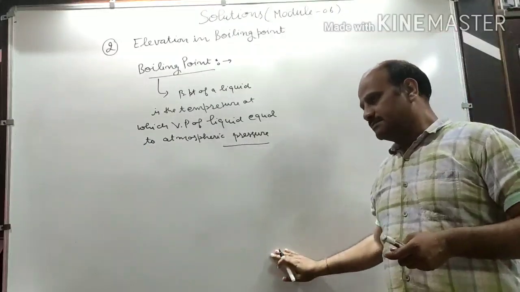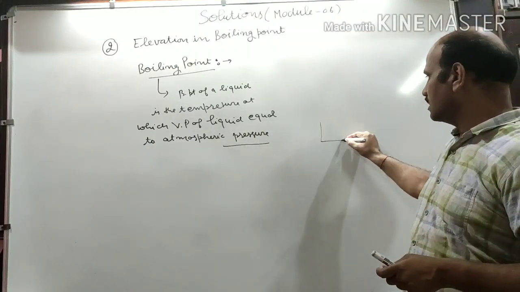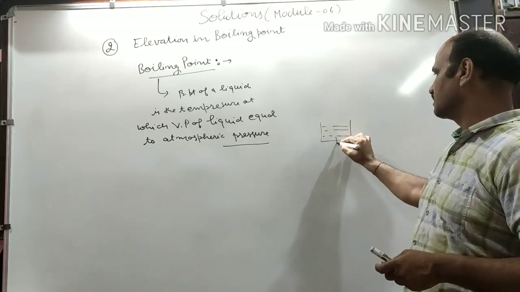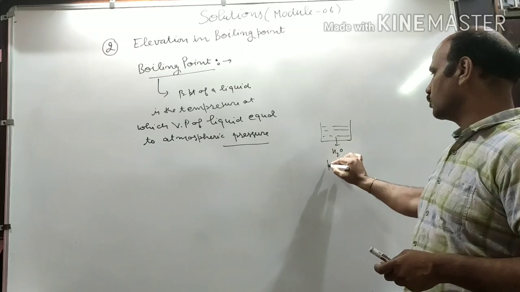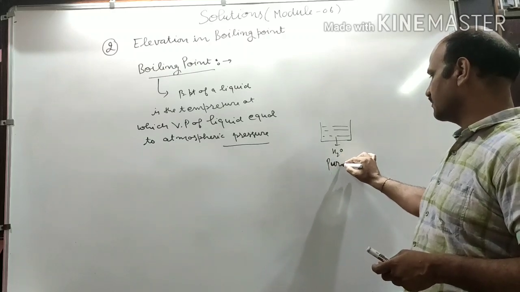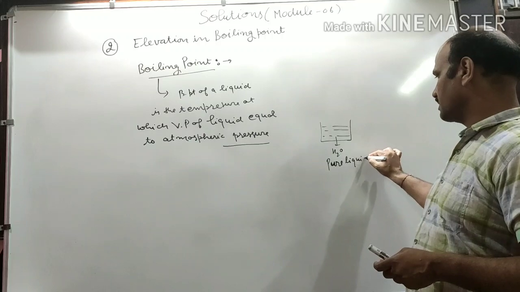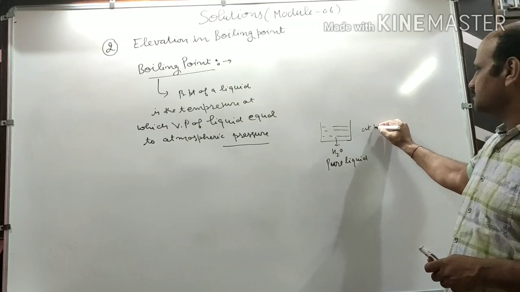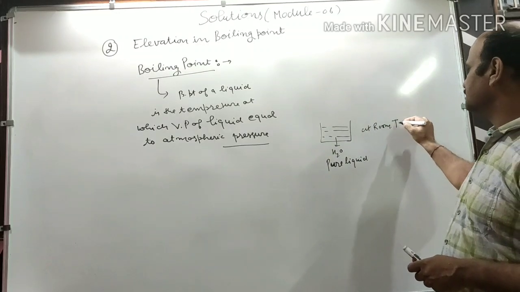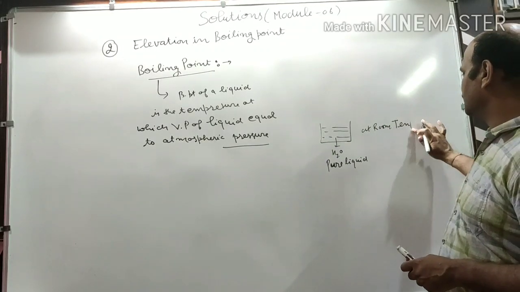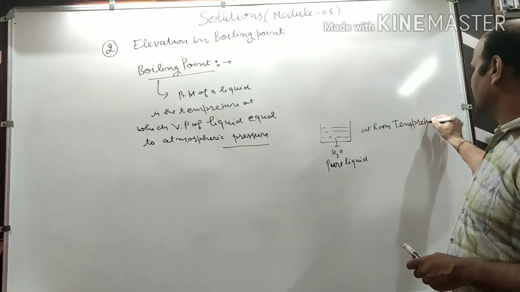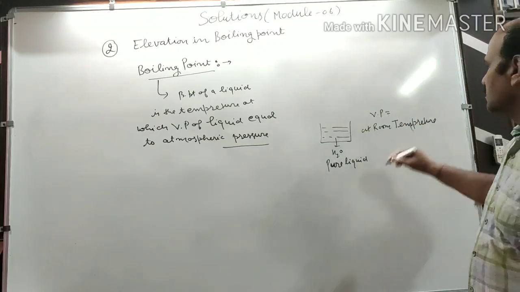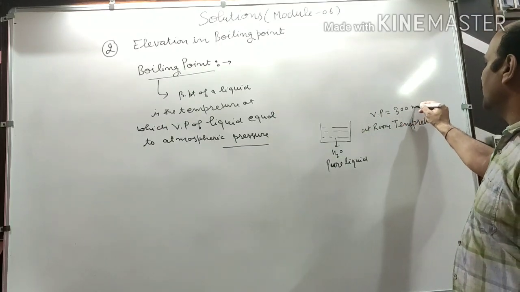For better understanding, take one pure liquid, or you can say take water here, H2O. That is a pure liquid. Suppose at room temperature its vapor pressure is considered to be 300 millimeter of mercury.